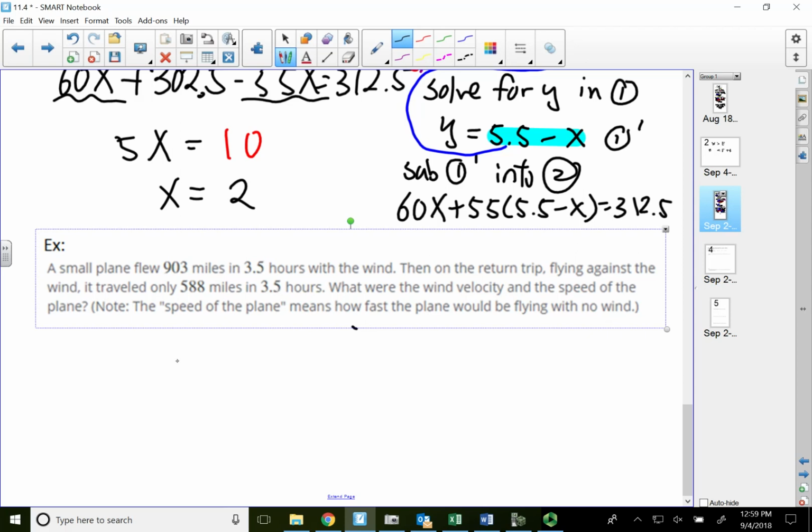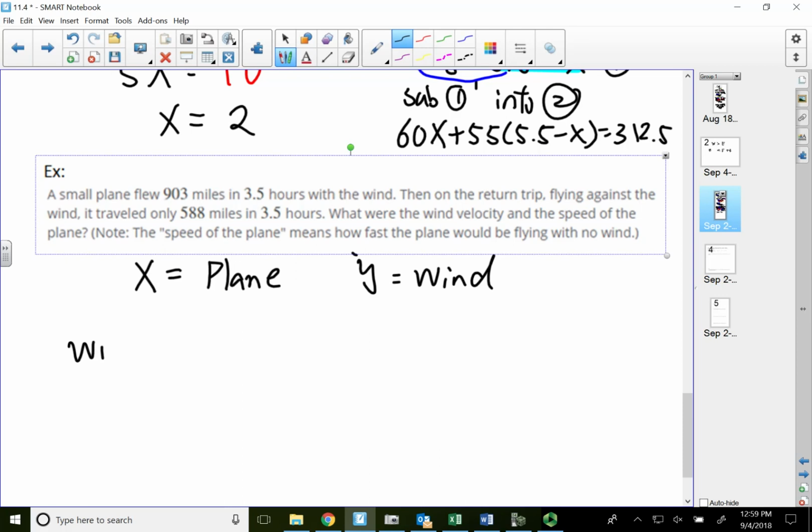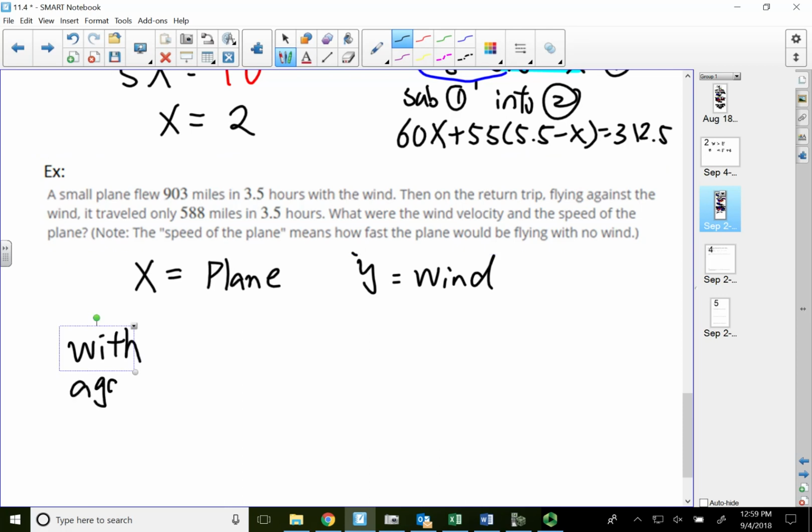So let's see. Speed of the plane means how fast the plane could fly with no wind. So I'm going to just say x is the speed of the plane. And the variable y is the speed of the wind. So with the wind or against the wind, I've got distance, rate, and time.